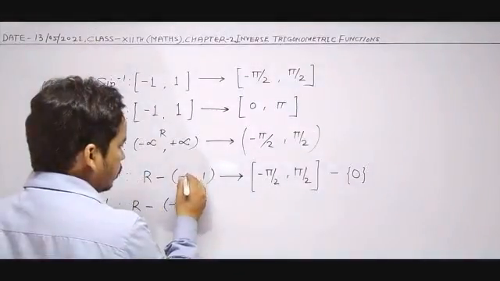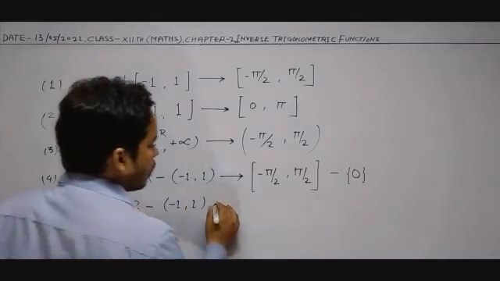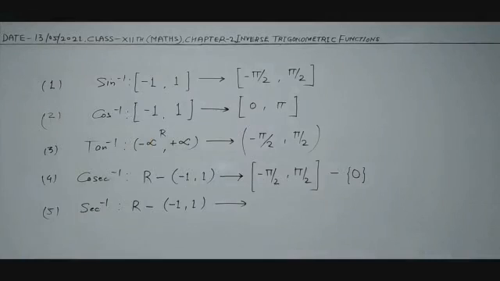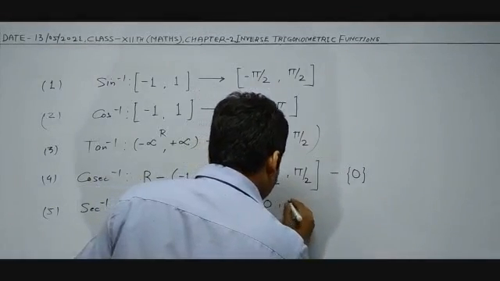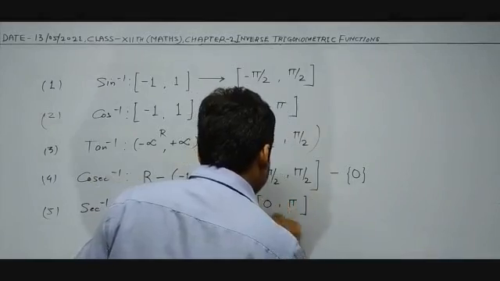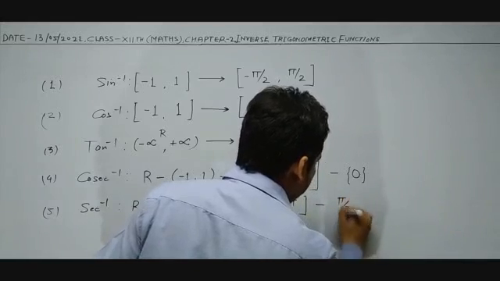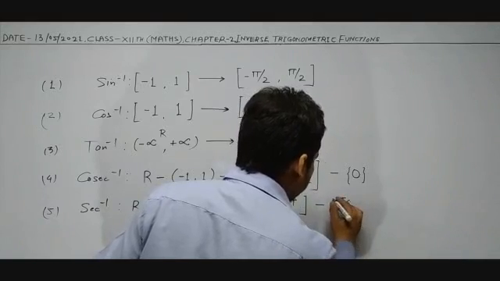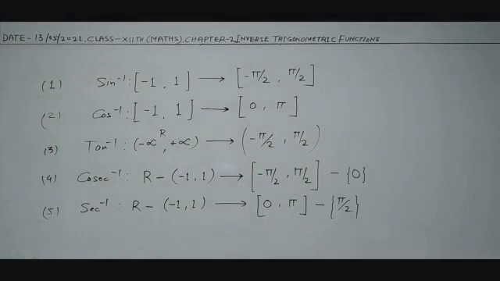This is minus 1 to 1, and its principal value branch will be 0 to pi in closed intervals excluding pi by 2, because at pi by 2 the function is not defined. So this is the principal value branch of sec inverse functions.